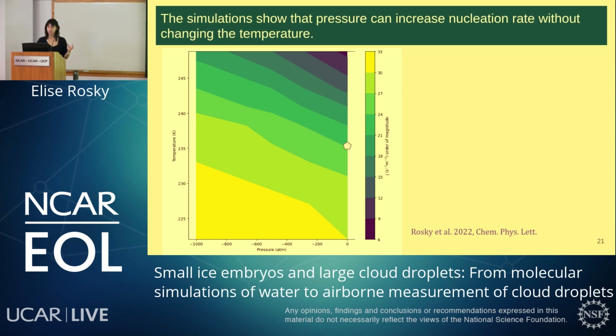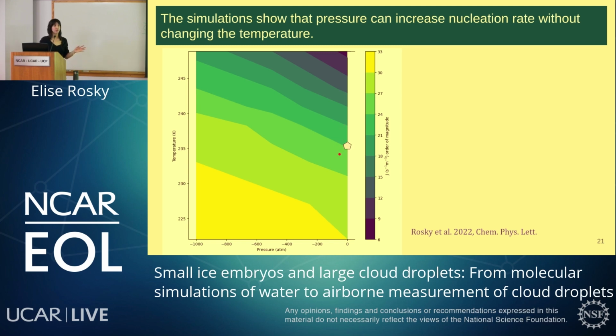So, for example, if we look at this pentagon data point, it means that at 0 atmosphere, or roughly 1 atmosphere, and at 235 Kelvin, the water has a nucleation rate of 10 to the 24 nucleation events per unit volume per unit time.